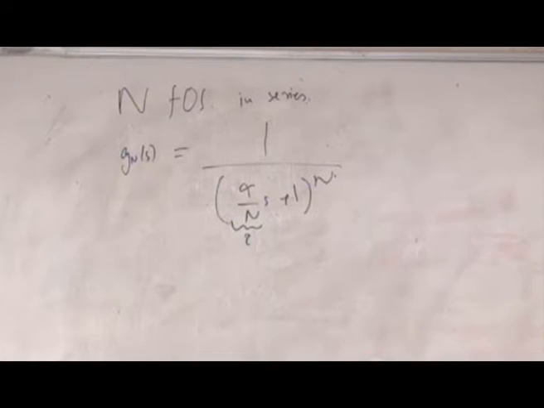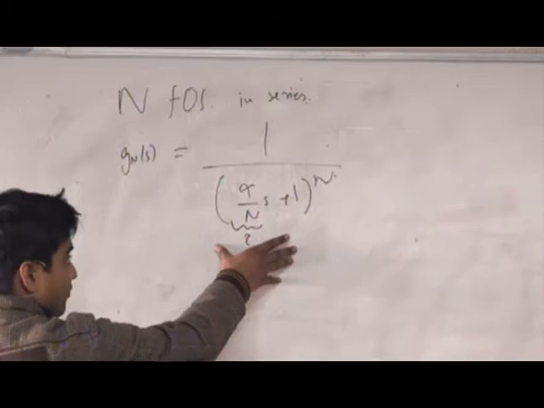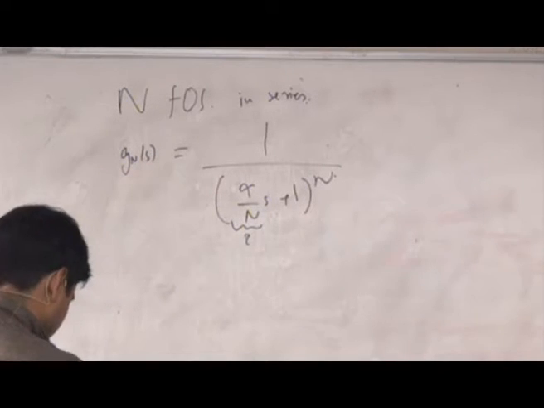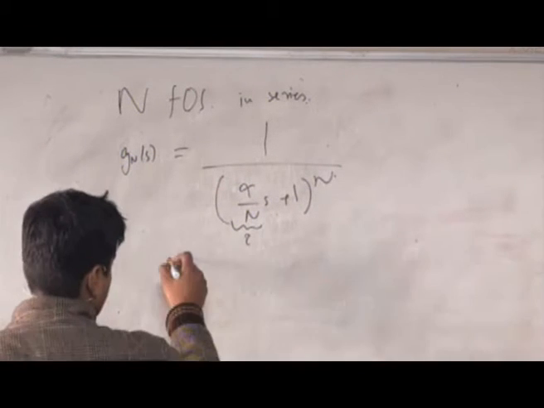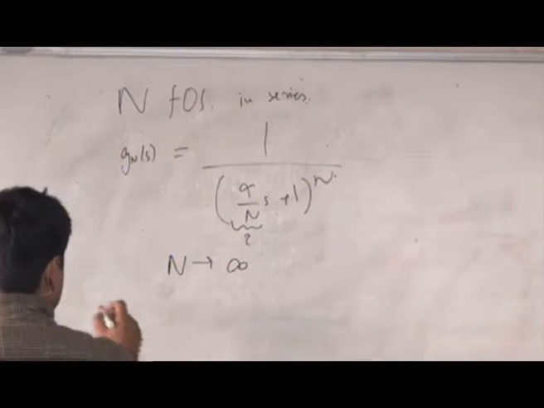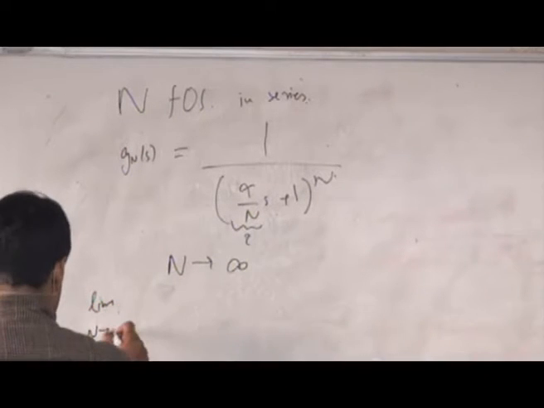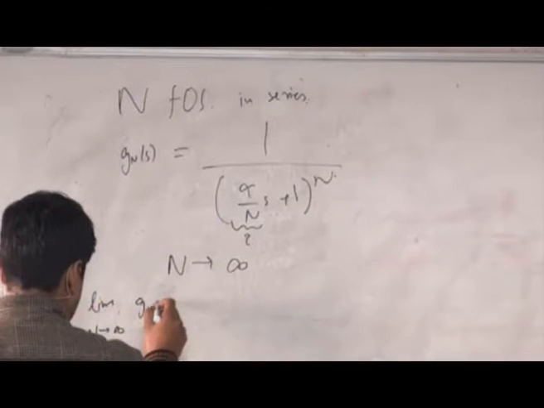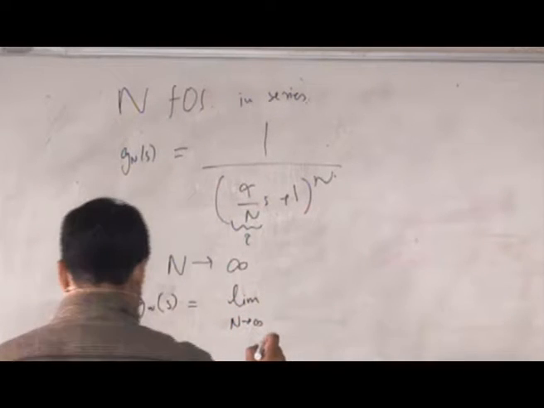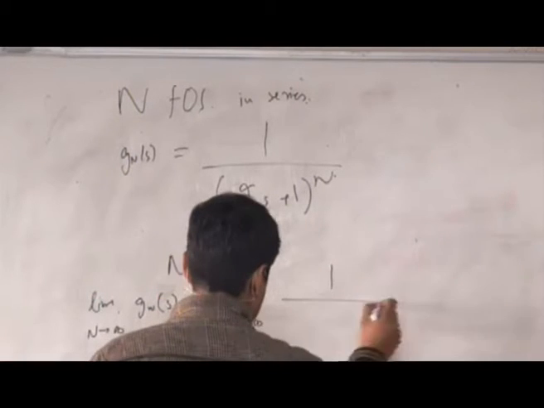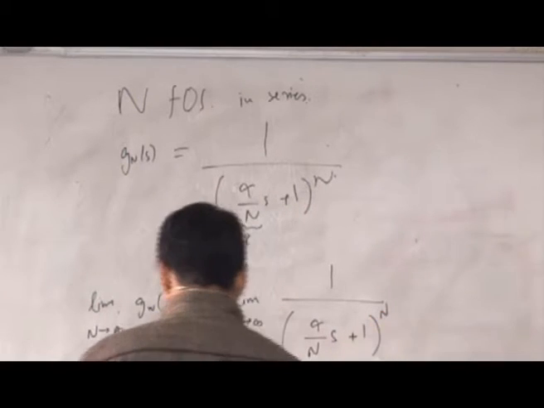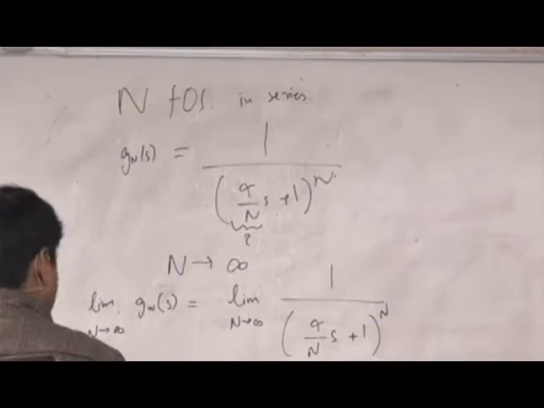It is nothing but just n first order systems in series. So what will happen when n tends to infinity? I take the limit as n tends to infinity of G_n(s).